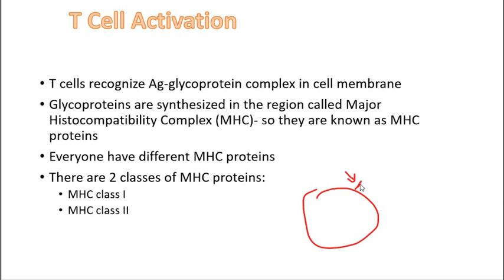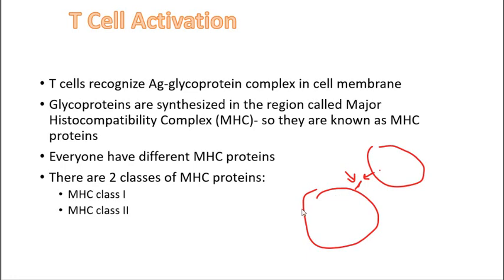That's how the cells recognize each other. If you have a T cell over here and this is another infected cell, that T cell will look at this protein and say, hey, I see something abnormal because this protein is attached to something that I don't recognize. So this is kind of like a recognition or ID.